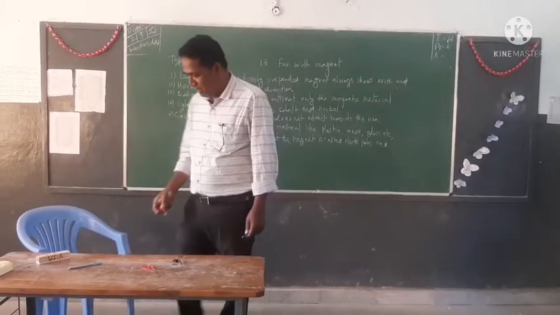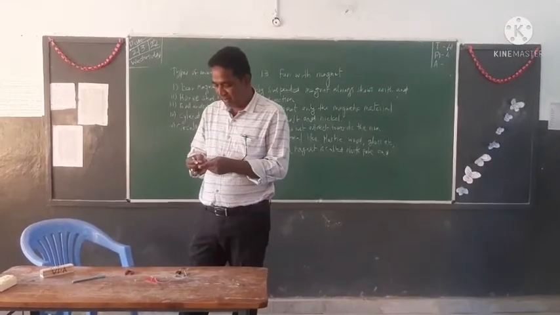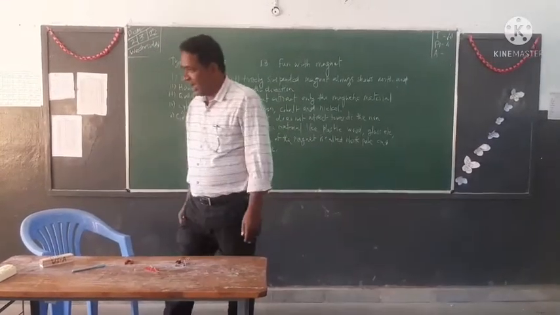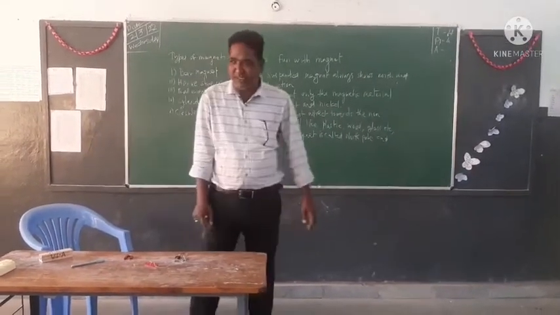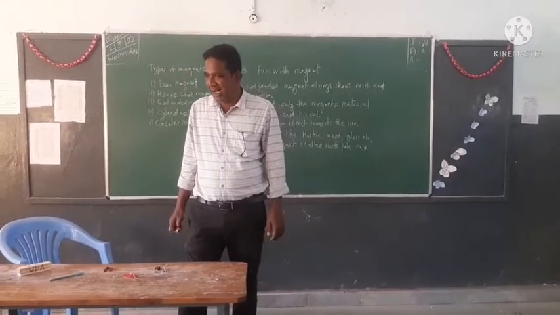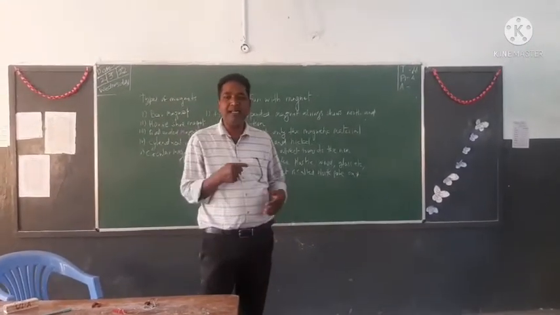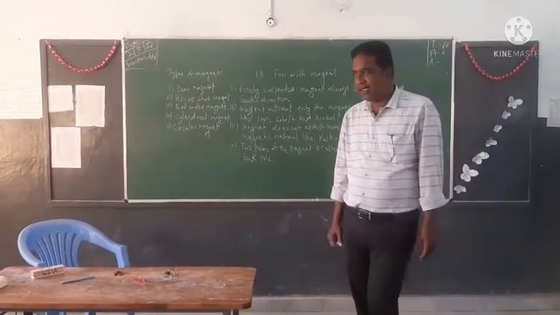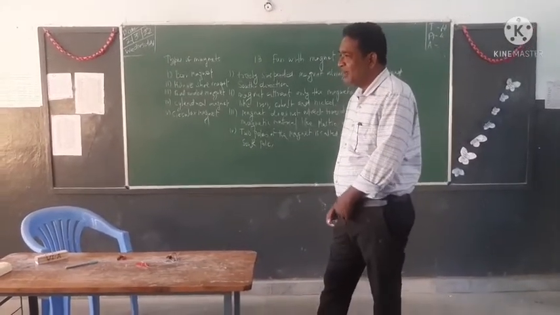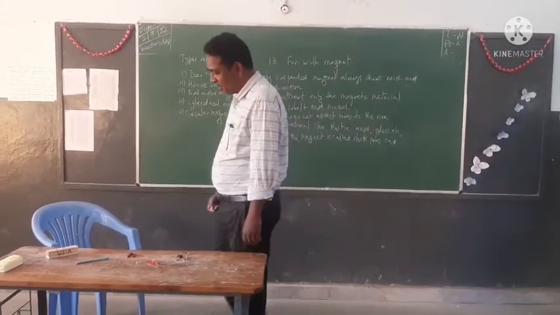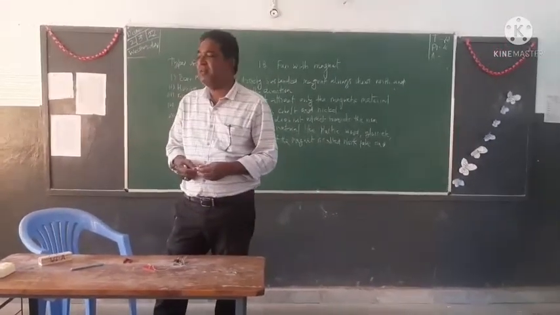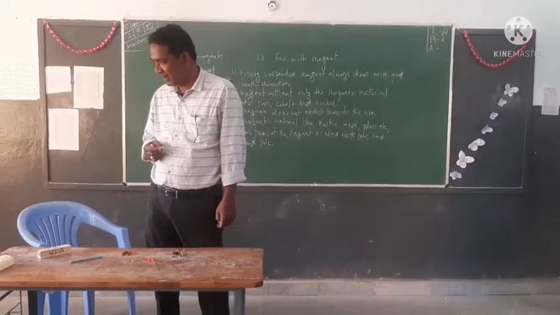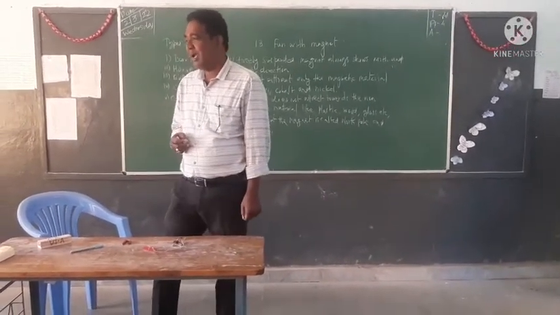If you put this magnetic material like iron in contact with this magnet for few times, अगर उसको हम मैग्नेटिक मटेरियल के साथ कुछ देर तक रखते हैं ना, then it acquires a magnetic character, and this is called as temporary magnet. है ना? This magnetic property remains for a very short period of time, and then it will lose its magnetic property. Understood? This is called as temporary magnet.